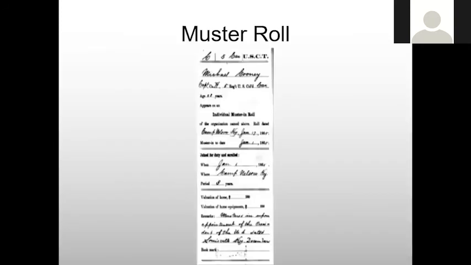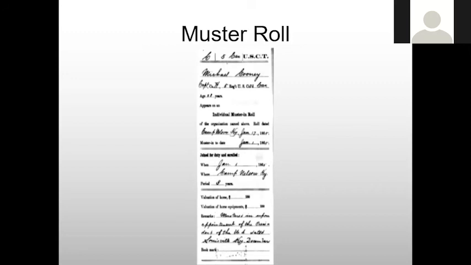The muster rolls we talked about earlier also will show you a person's name, what their rank was, and what unit they actually are entering. It will give you the date that they entered that particular unit. There will be a muster roll for when they leave that particular unit. If they receive a promotion, there will be another muster roll card.